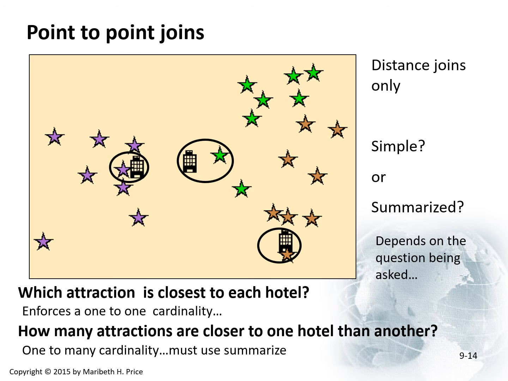There's 1, 2, 3, 4, 5, 6, 7, 8 of those purple stars. Those 8 purple star attractions are closest to that hotel. And so if we were to join all that together, it has to be summarized, because you can't join 8 things to one thing. You have to condense it and summarize it so that you're ultimately joining one thing to one thing.